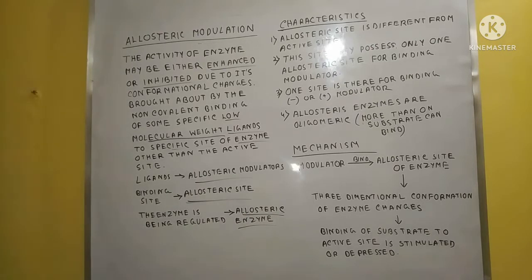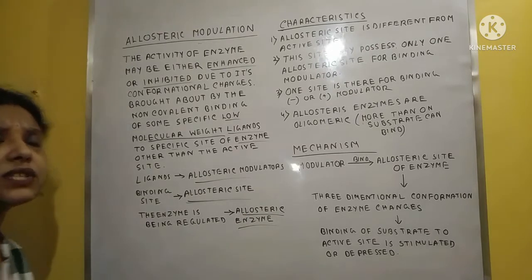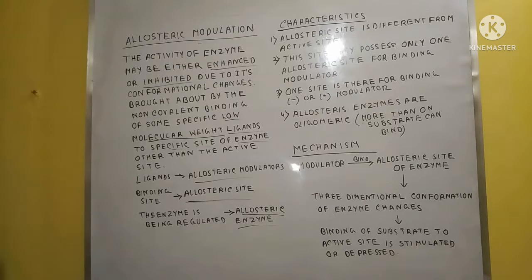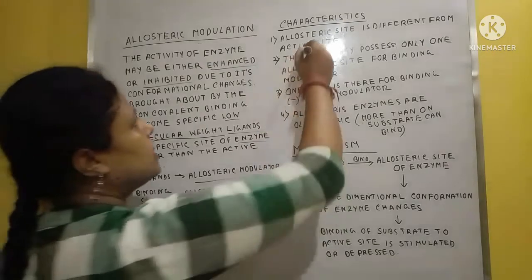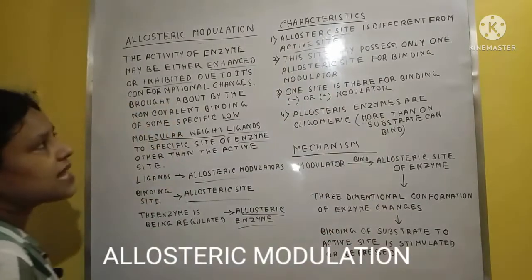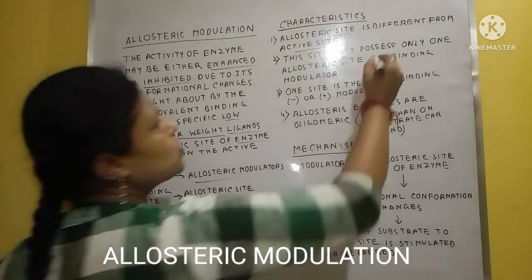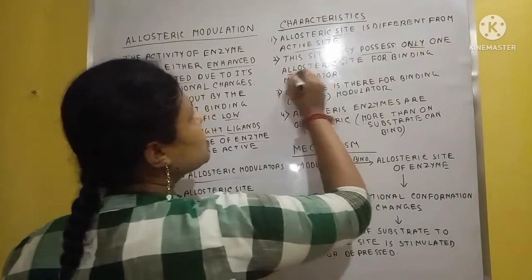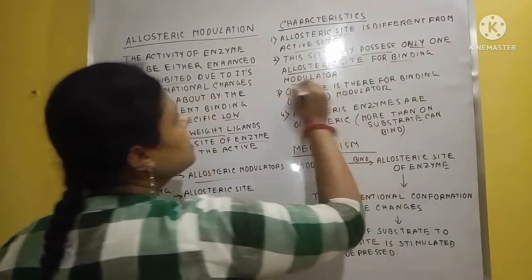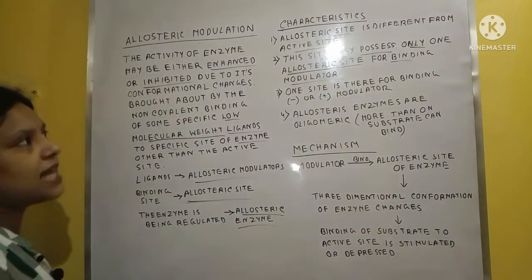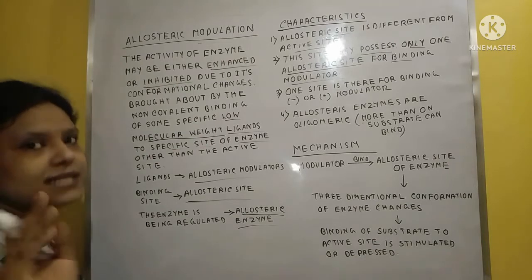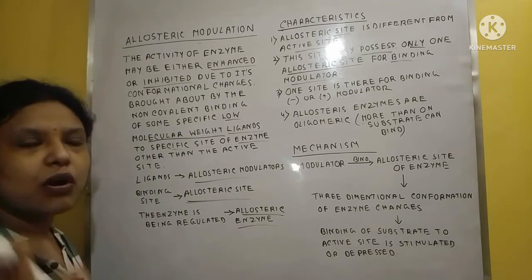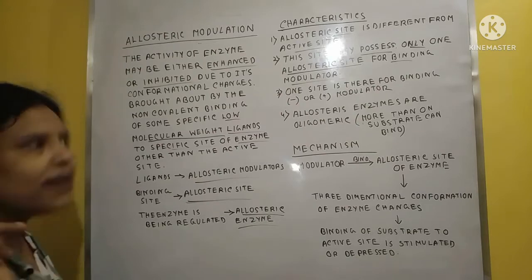Now we learn about the characteristics of allosteric enzymes. First, the allosteric site is different from the active site. Second, the enzyme possesses only one allosteric site for binding the modulator, one position for binding one ligand.